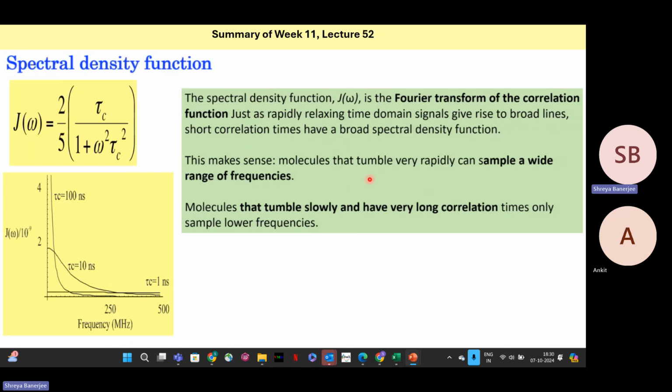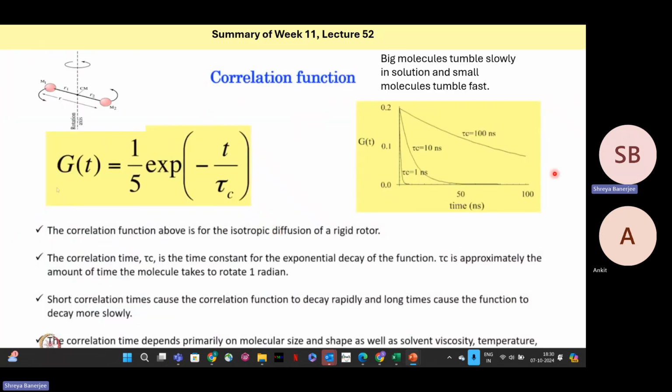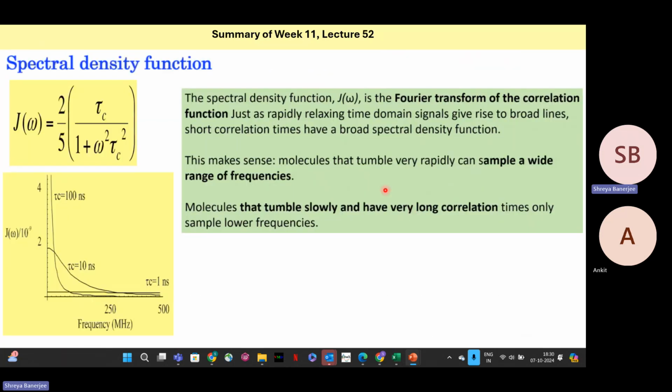We saw this in the previous class also: if you remember studying protein NMR and ligand NMR, the protein has a rapidly relaxing relaxation time, and so the protein has a very broad line.